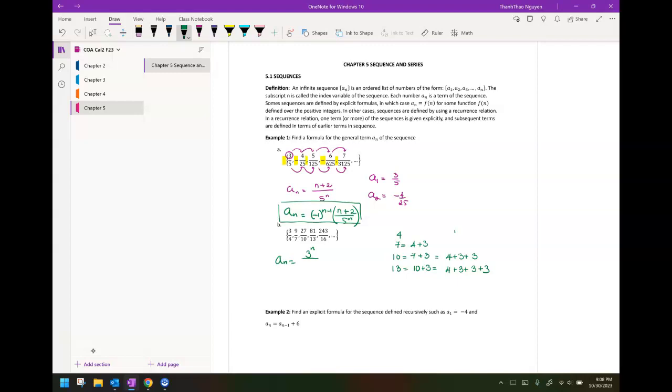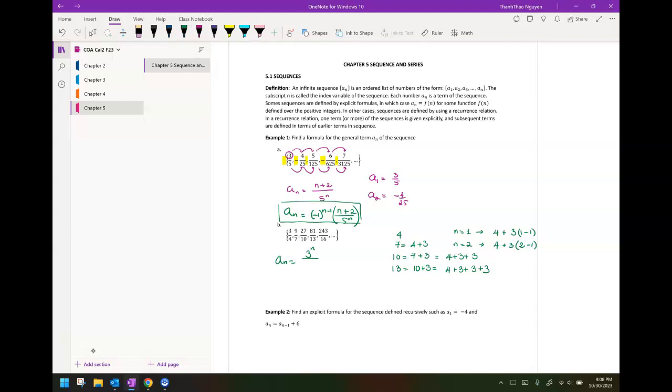So for n equals 1, I'm looking at 4 plus 3 times n minus 1, or 1 minus 1. For n equals 2, I'm looking at 4 plus 3 times 2 minus 1.